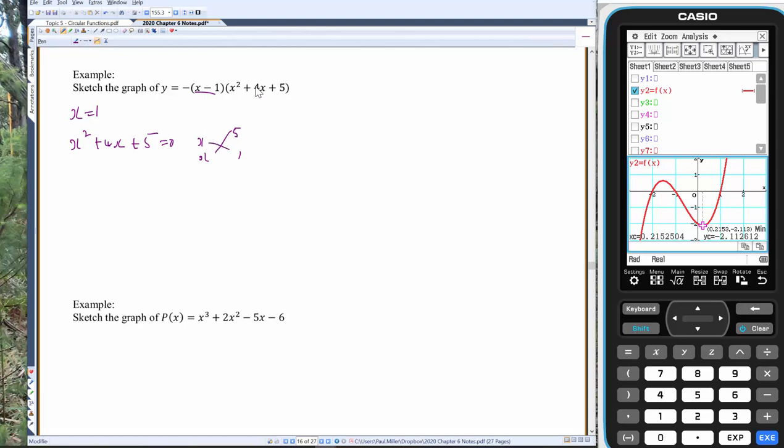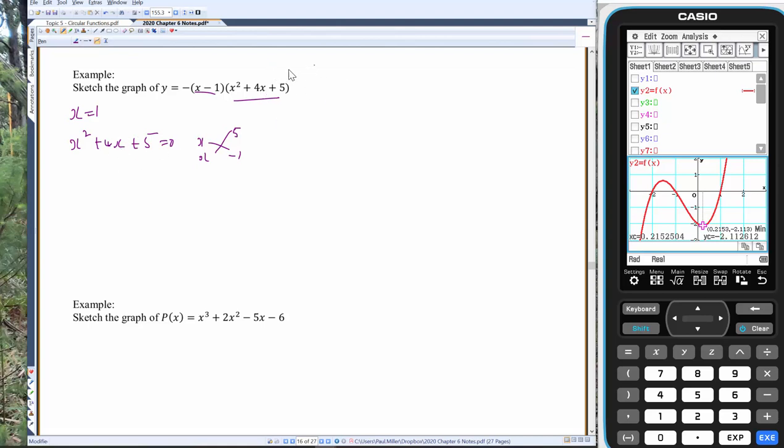I think what's happening here is it's going to have some irrational roots. Can I just confirm that? That would have to be the negative, but that will make that positive. Yep, no.